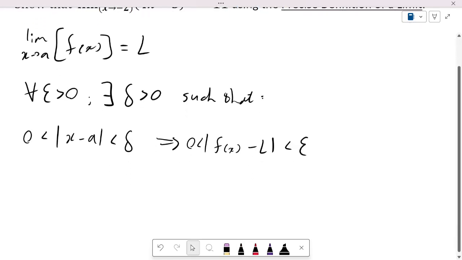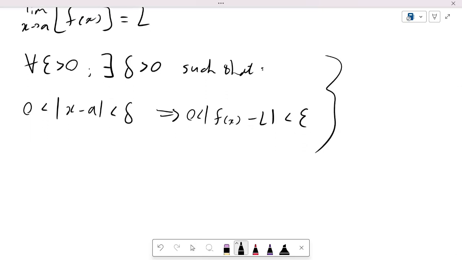Okay, so that is our standard definition.